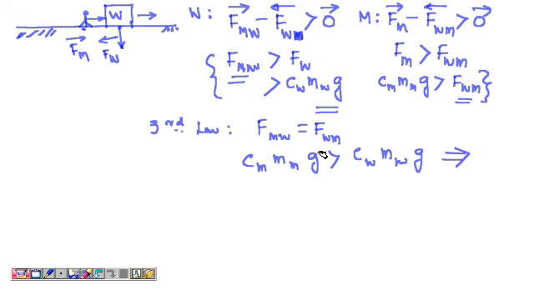What does it mean if I cancel this out? So we have Cm upon Mm must be greater than Cw upon Mw.